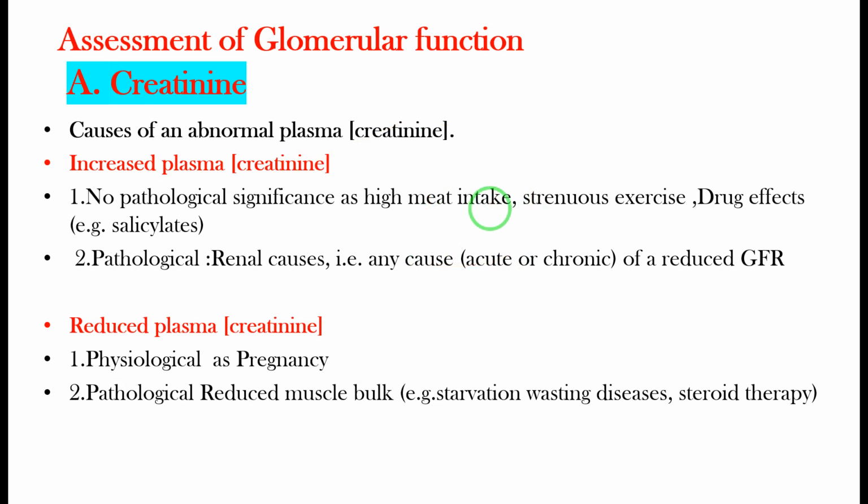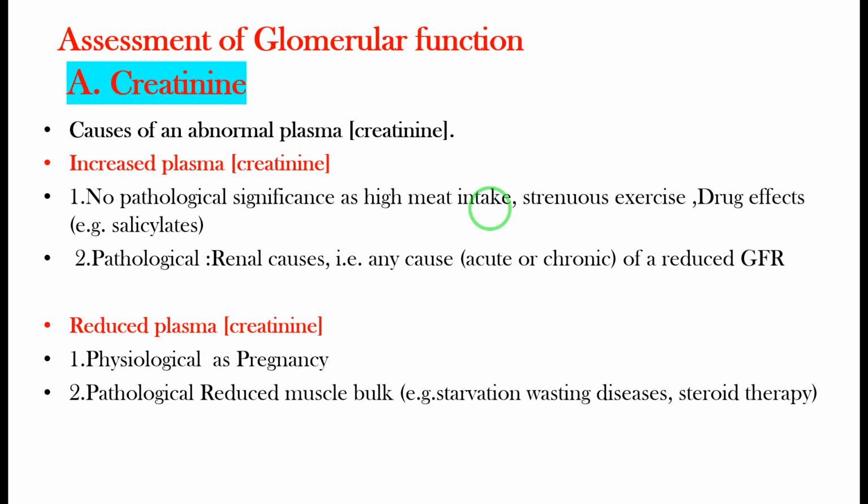Creatinine also, as a plasma concentration without application of the clearance, can give an idea about the state of the glomerular function by measurement of the plasma creatinine level. Sometimes we find that the plasma creatinine is more than the upper normal reference range. In this condition, it may be due to renal disease, for example, acute renal damage or chronic renal damage, which may lead to a pathological increase in the plasma creatinine.